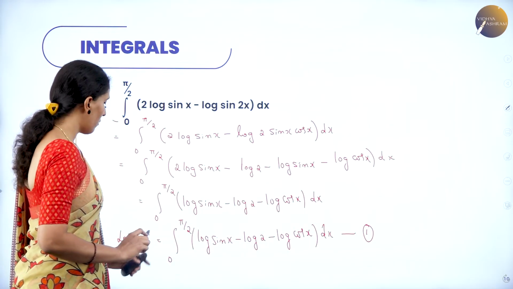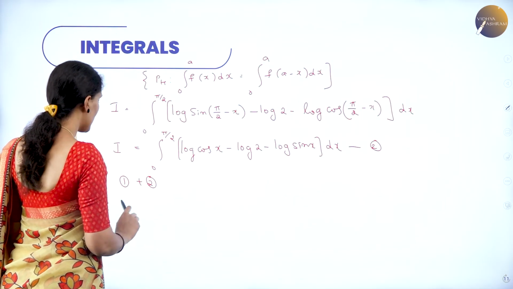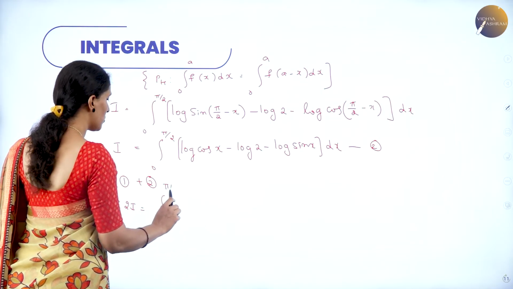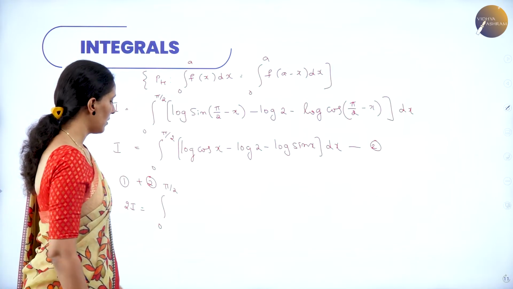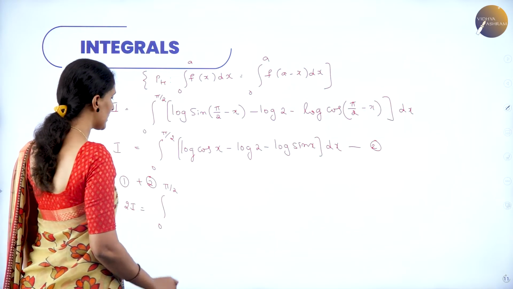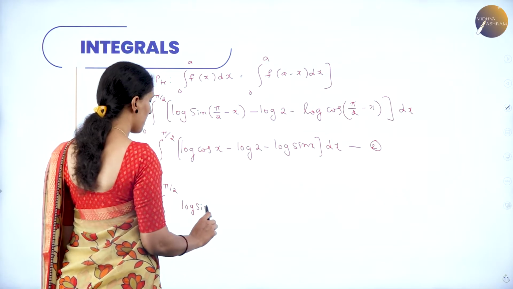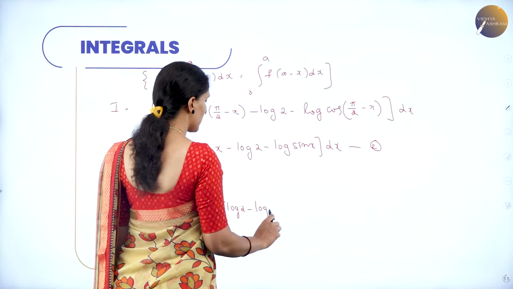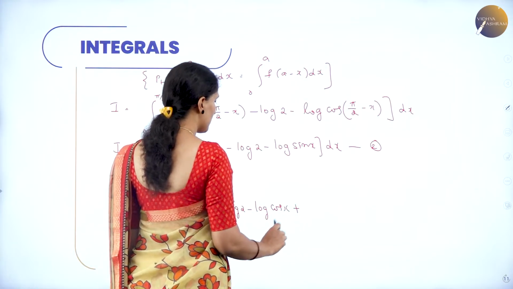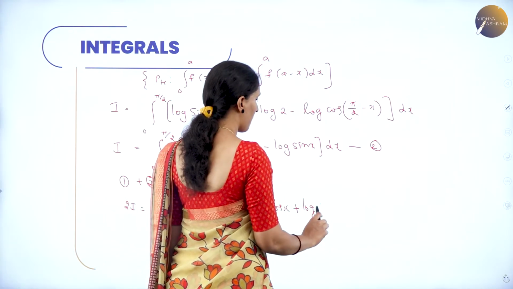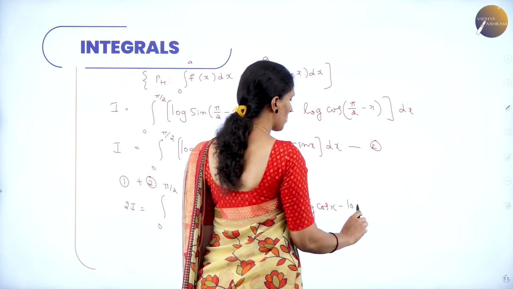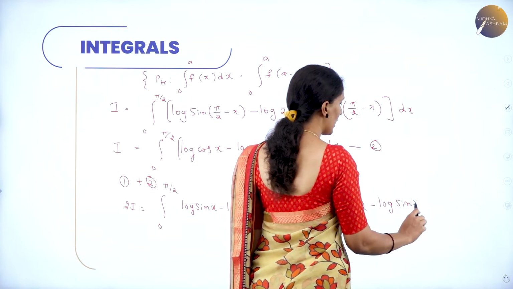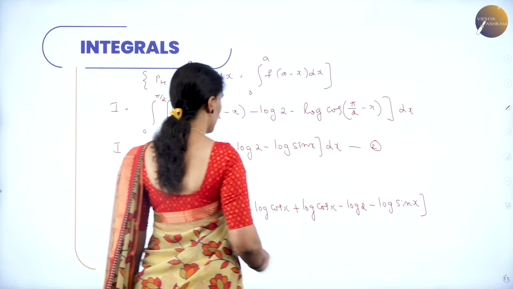On the left hand side, I plus I becomes 2I. The integral value is from 0 to pi/2. Let me take the first: log sin x minus log 2 minus log cos x, plus log cos x minus log 2 minus log sin x, adding both LHS and RHS, dx.